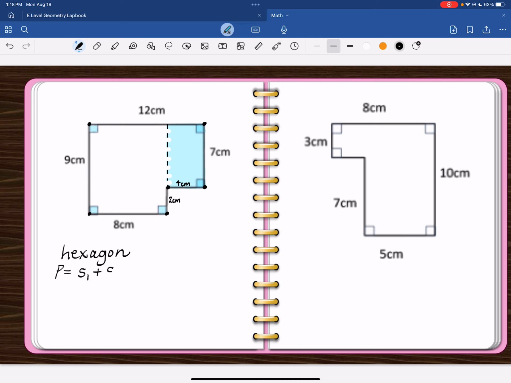Side 1 plus side 2 plus side 3 plus side 4 plus side 5 plus side 6. And it doesn't matter which order because I am building up. But don't forget to add all of the sides, including those 2 that you found. There should be 6 of them.